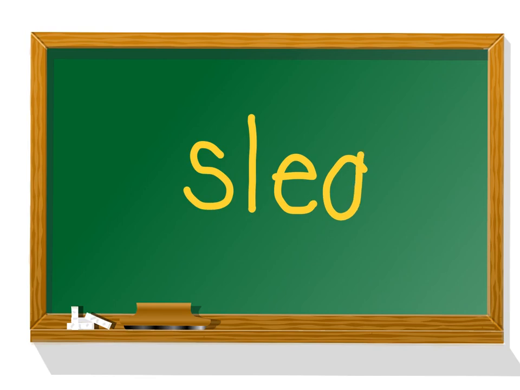I'm going to go ahead and write the word sled and tap it as I do. S-l-e-d. Sled. I have my S blend at the beginning, s-l, and my short E sound in the middle, sled.